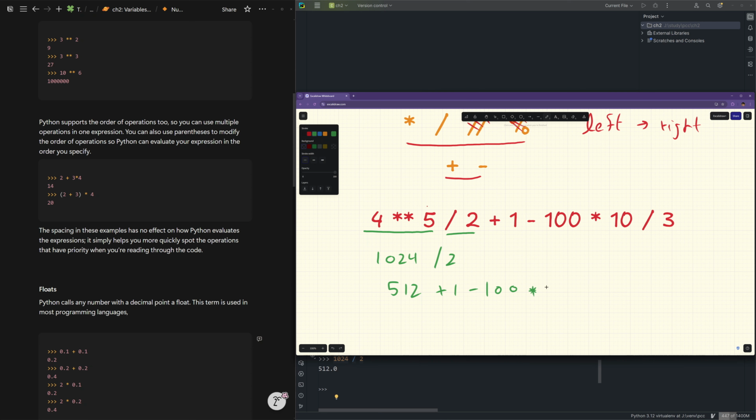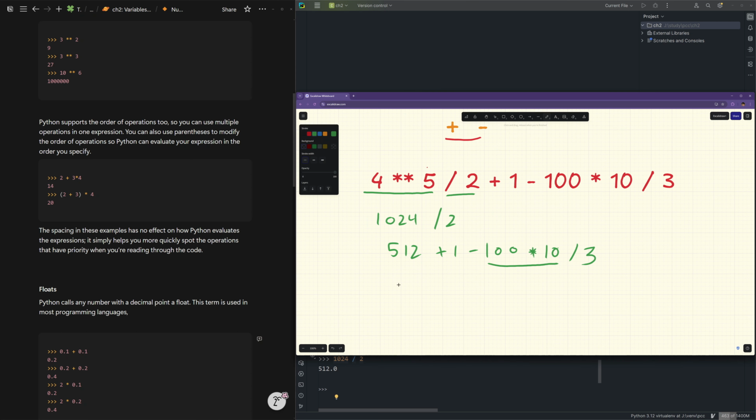Now we have multiplication and division again. We read left to right. Multiplication comes first, so that will be done first. So 10 times 100 is just 1000. Let's write it down. 512 plus 1 minus 1000 divided by 3.